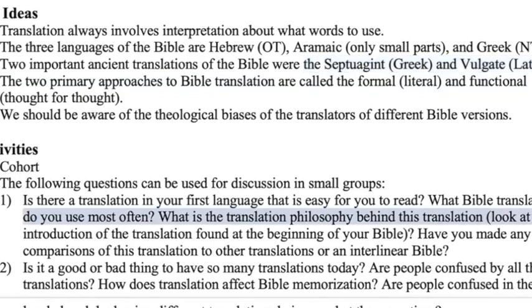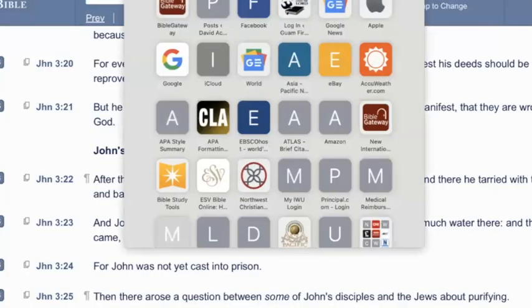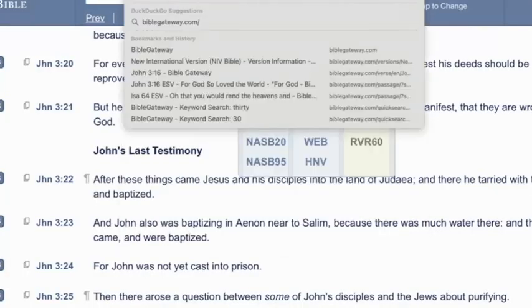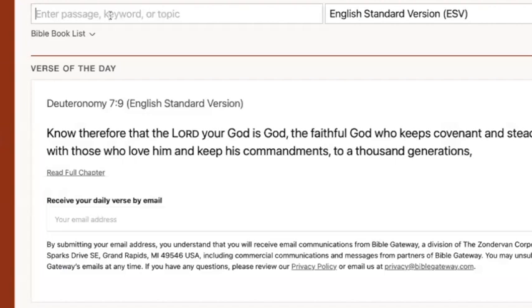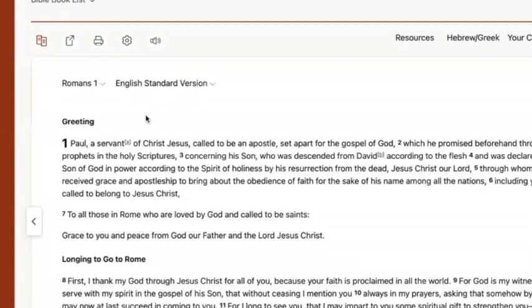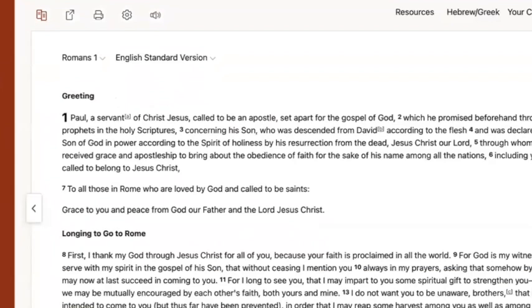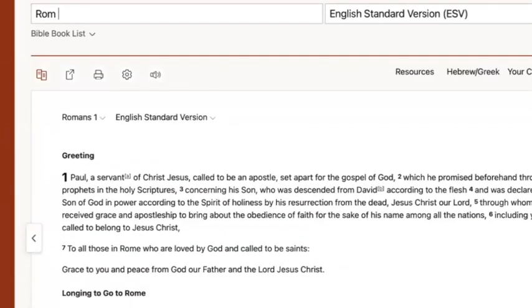Well, let's go back to Bible Gateway. And let's choose a different passage. Let's go to Romans 1. Oh, no, Romans 6. I'll go Romans 6.